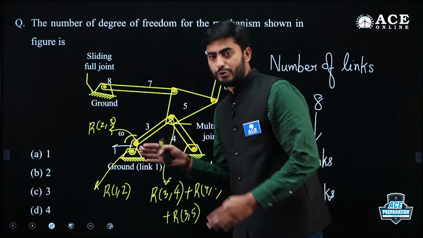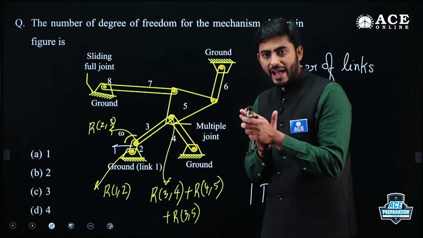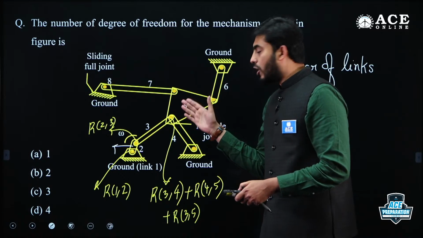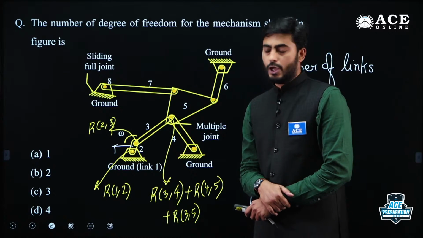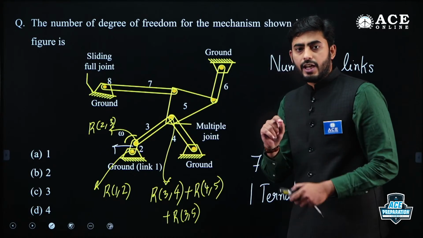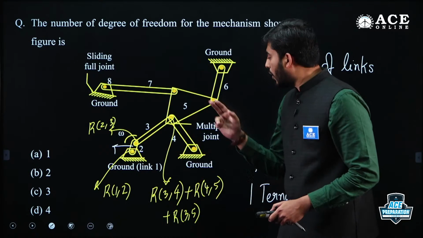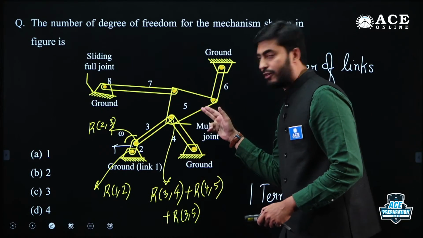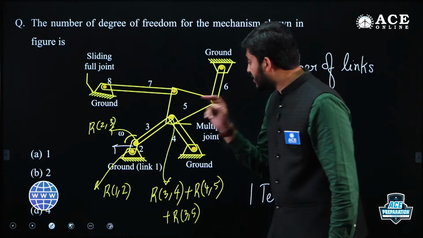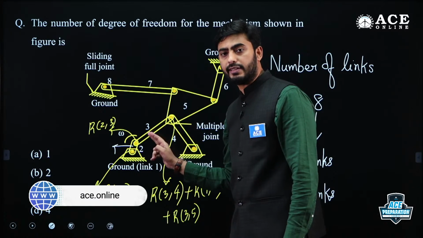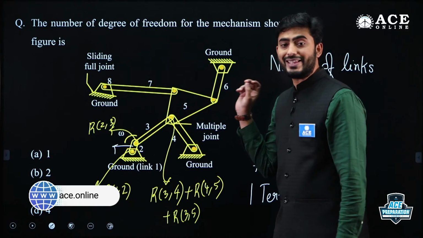I am assuming that link 3 is in the front, followed by link 4 on the back side of link 3, and on the back of link 4 there is link 5. So there is contact between link 3 and link 4, and a physical contact between link 4 and link 5, but there is no physical contact between link 3 and link 5. So there is no pair formed between 3 and 5.